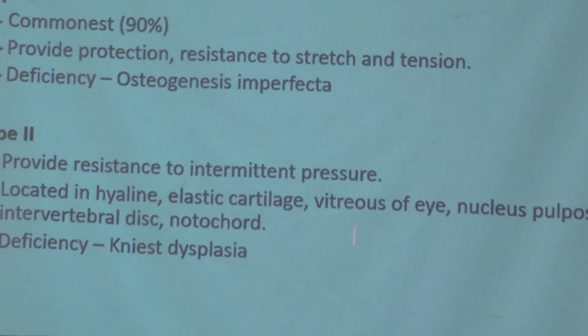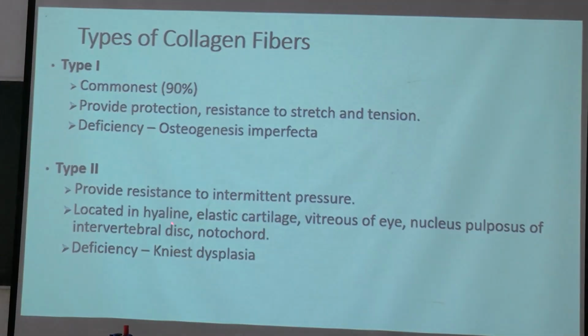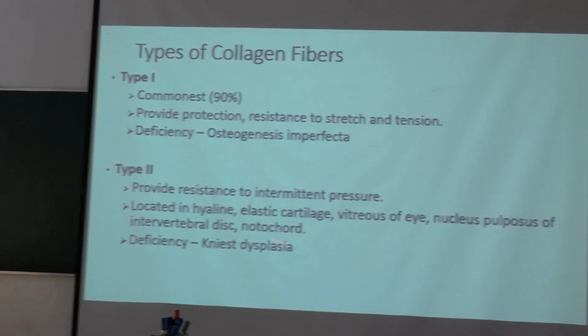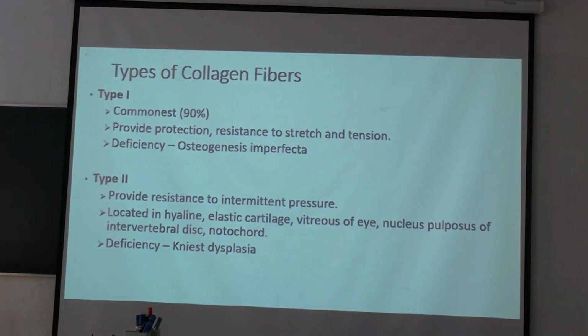Next we go to type 2 collagen. It provides resistance to intermittent pressure and is located in hyaline and elastic cartilage, vitreous humor of the eye, nucleus pulposus of the intervertebral disc and notochord. Its deficiency leads to Niikawa dysplasia.